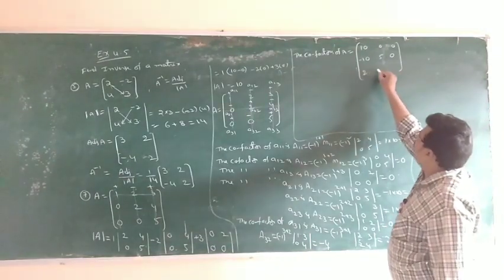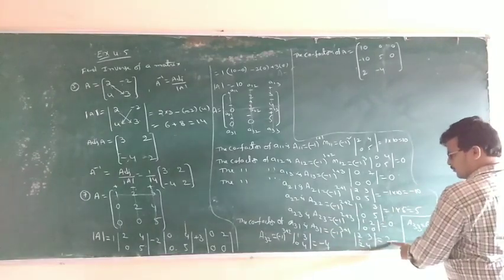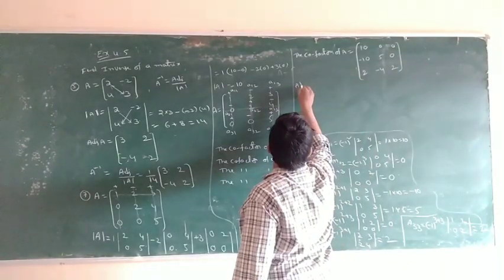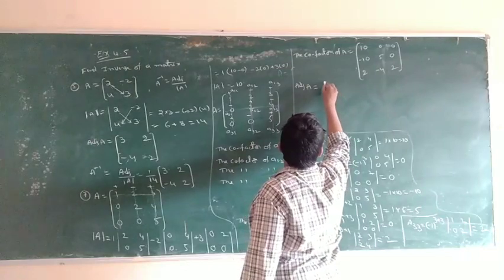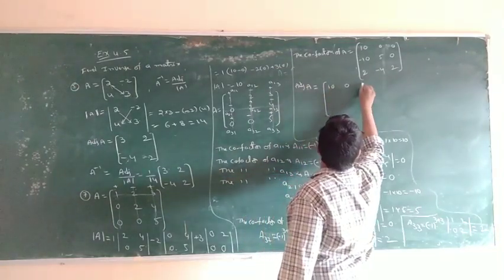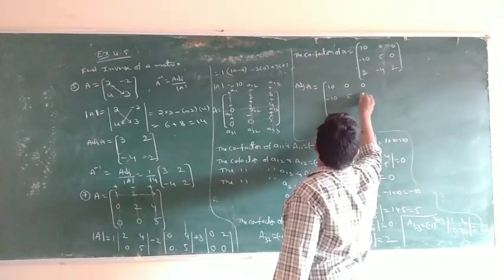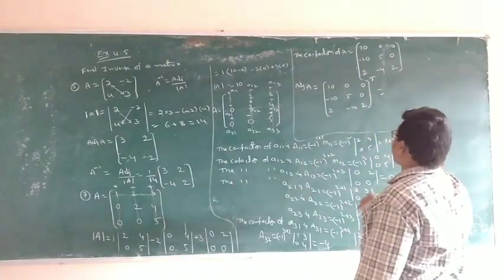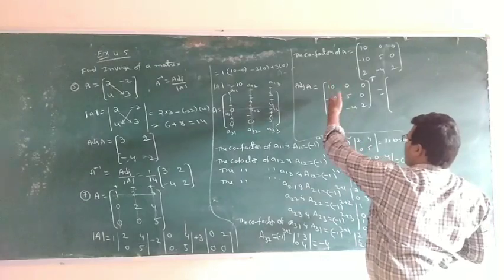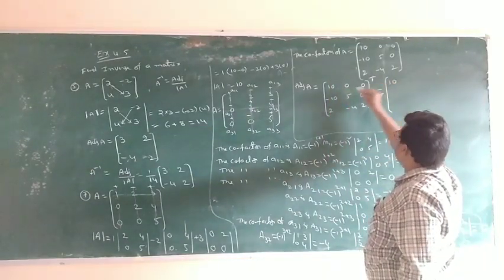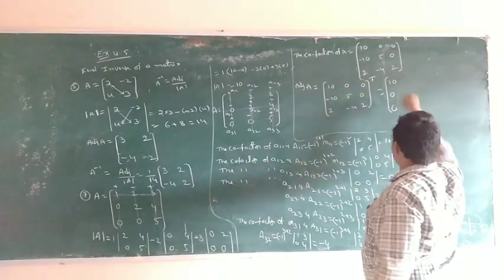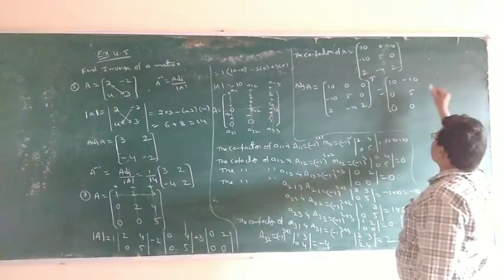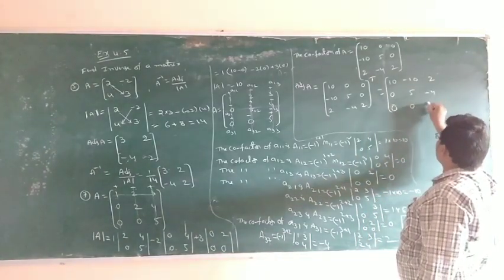This is the cofactor matrix. So adjoint A is equal to the transpose of the cofactor matrix, where rows convert into columns: 10 0 0, next minus 10 5 0, next 2 minus 4 2.